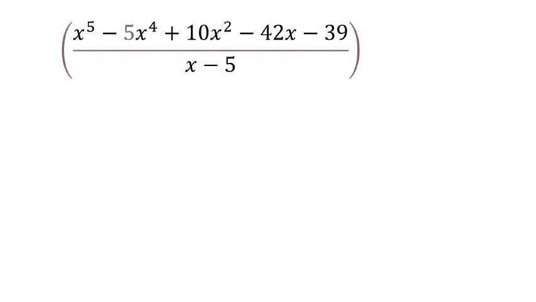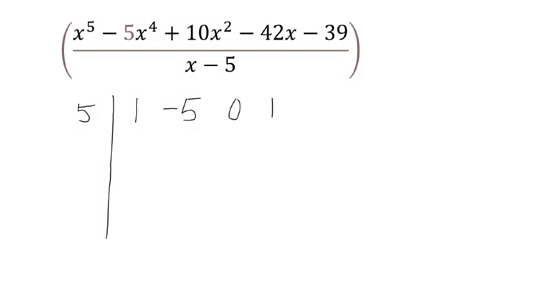So let's take a look at this polynomial division problem. Let's put our 5 from the divisor over here, and let's write the coefficients of the equation. Our first coefficient is 1, the next one is -5. We don't have a term for x to the third power, so we have to put a 0.